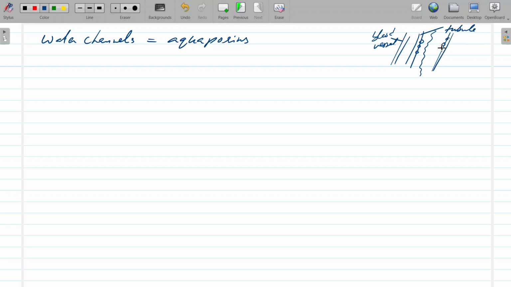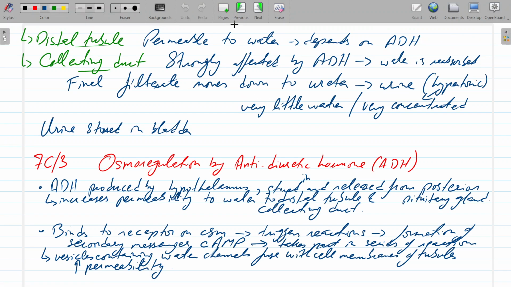On the inside, where it's facing the lumen of the tubule, which has the filtrate, you're going to have these water channels come up from the vesicles in the cells, insert into the cell surface membrane and increase permeability.